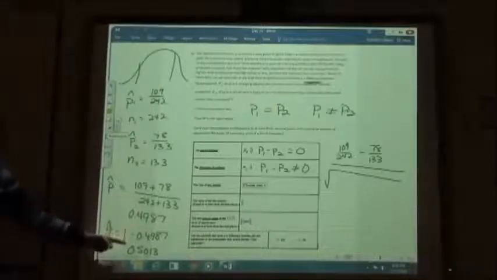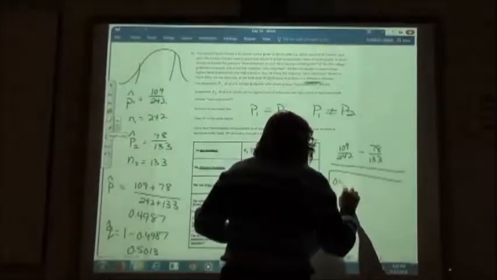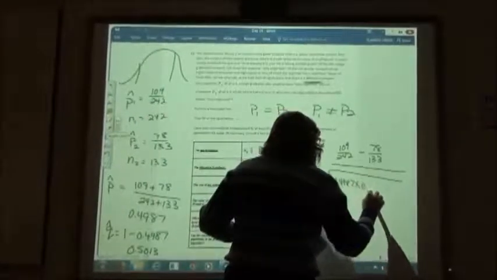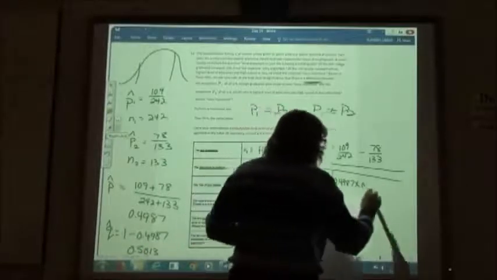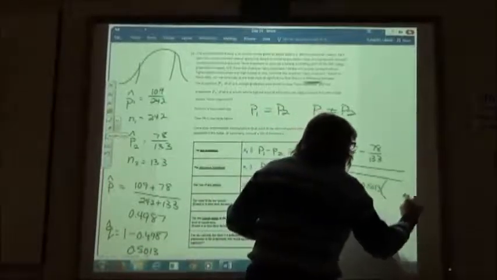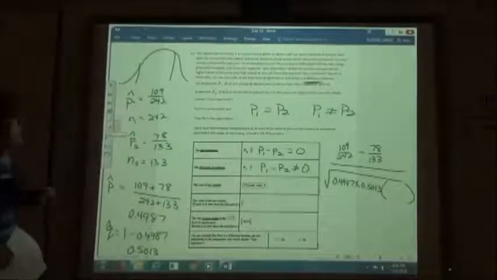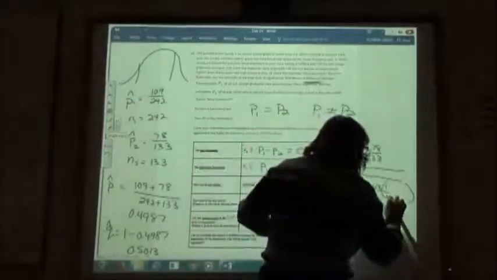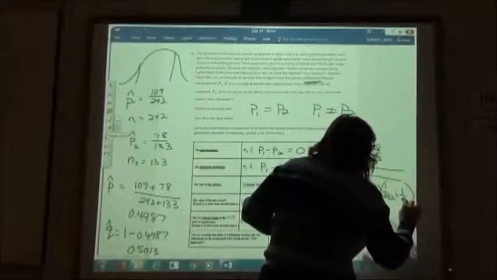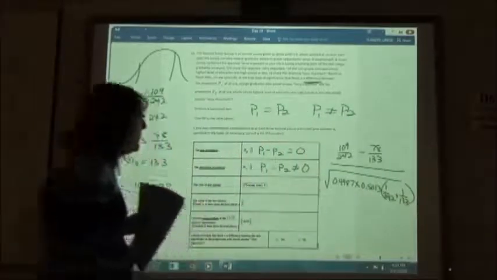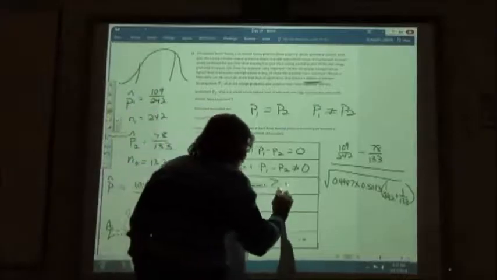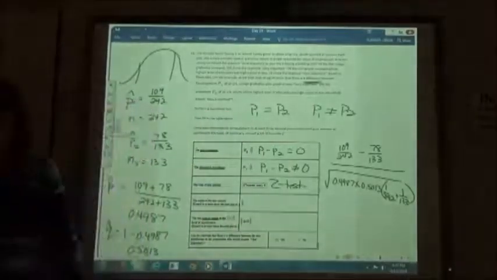So these two decimal numbers we got here: 0.4987 times 0.5013. And then in parentheses, 1 over N1 plus 1 over N2. So 1 over 242 plus 1 over 133. I forgot to put my test statistic in there again. Z-test when we're doing proportions.